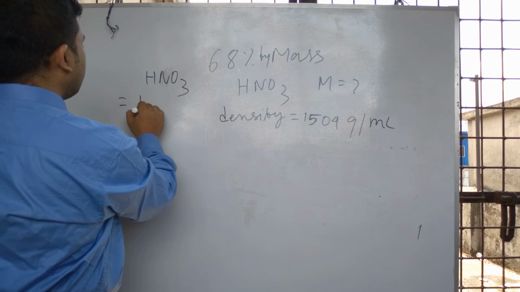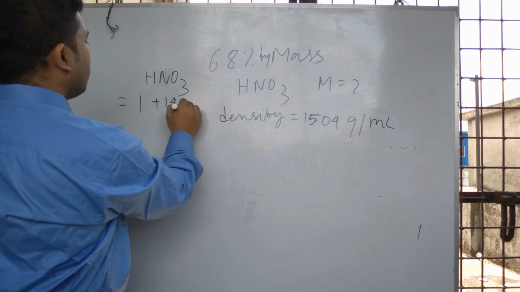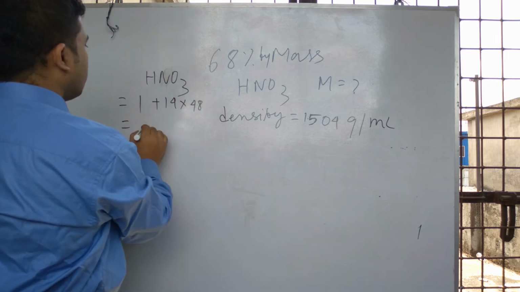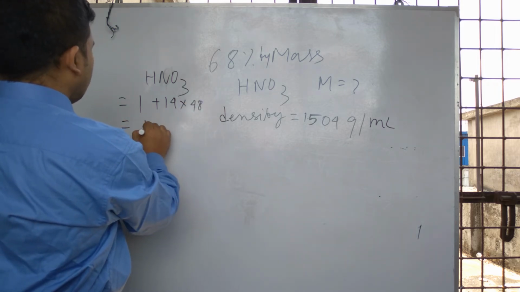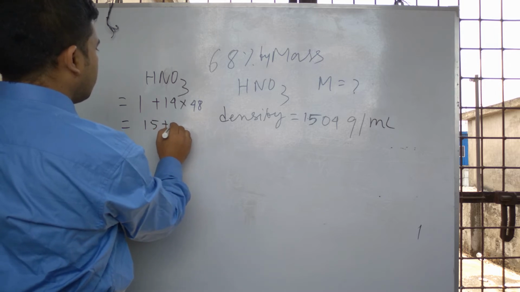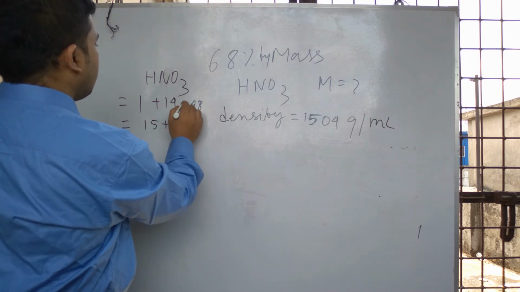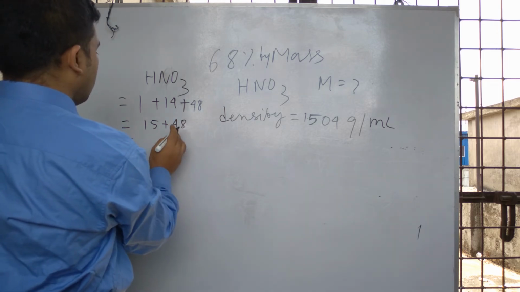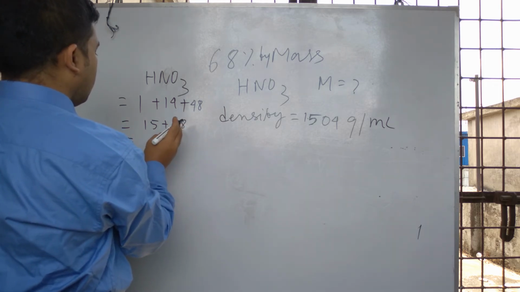Molecular weight of HNO3: hydrogen 1, nitrogen 14, oxygen 16 into 3, that is 48. So it is 15 plus 48.